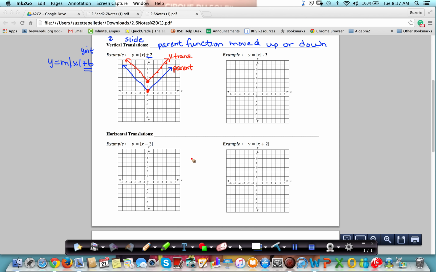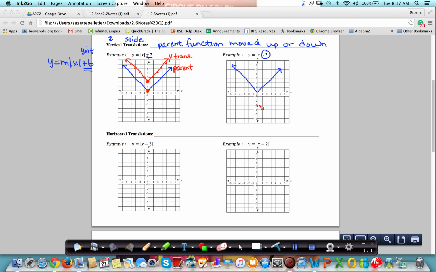Okay? Up 2. This one says -3. So now again, we think about what our parent function looks like. Parent function starts here. And we're going to shift our parent down 3. So again, in a different color, I'm going to show you. This function shifted 1, 2, 3.